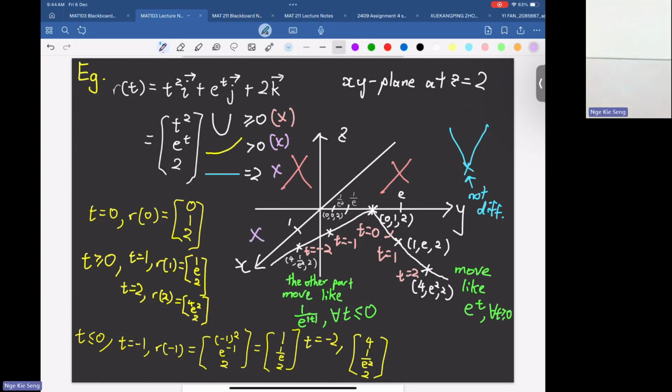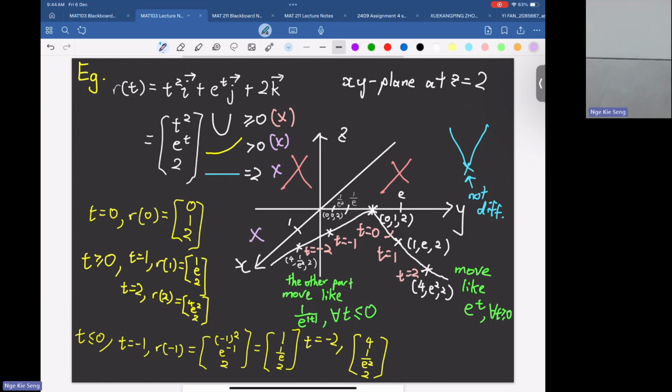Why I put this cross there is because if you look at this quadratic function, the range of this quadratic function is always greater or equal to 0. So for the x coordinate, you will never reach the negative x. So that's why I put a cross at the negative x region.